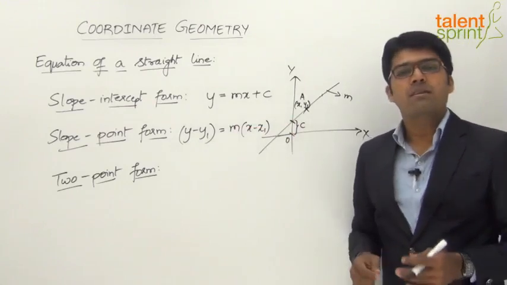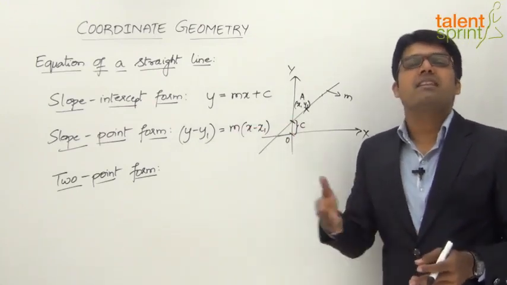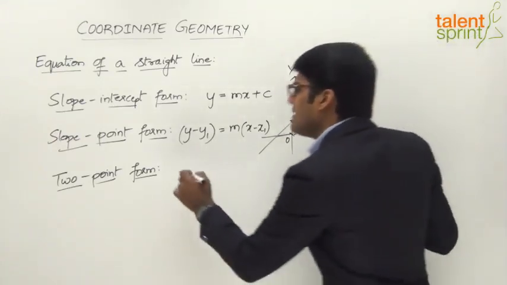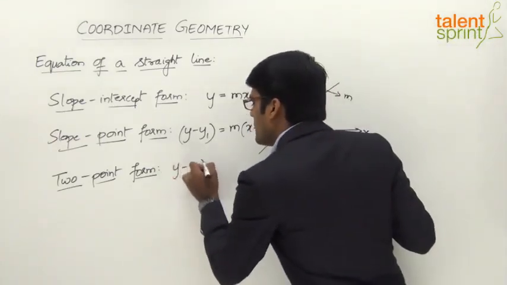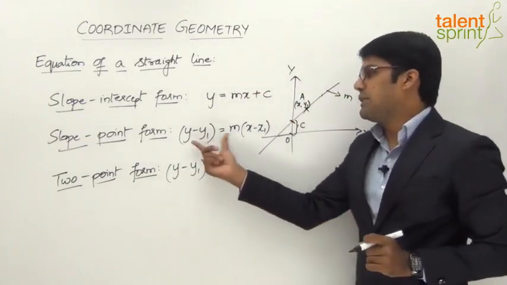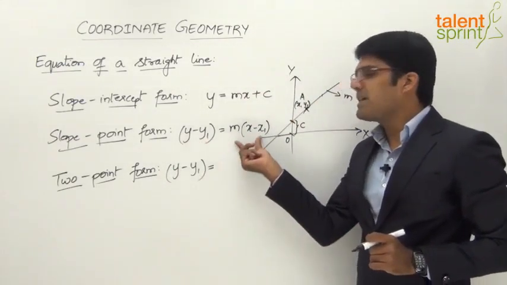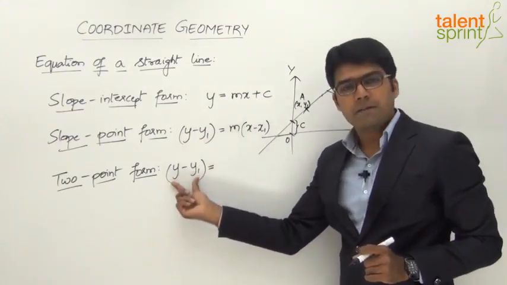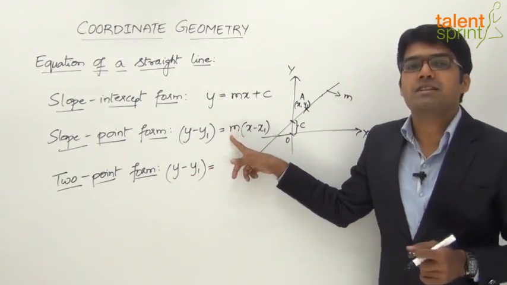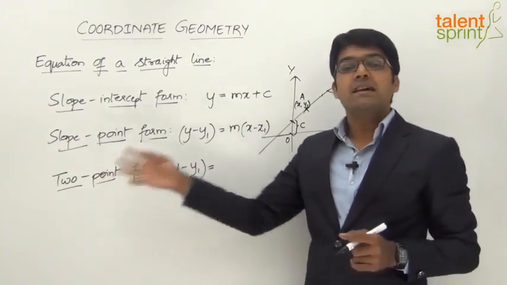But in two-point form, we are given 2 points through which the line passes. And we need to find out the equation, which can be taken as y minus y1 equals, now it should be similar to the slope point form, right? The equation is y minus y1 equals m into x minus x1. So y minus y1 equals m. Now what is m? Slope. We know how to measure the slope of a line when 2 points are given.